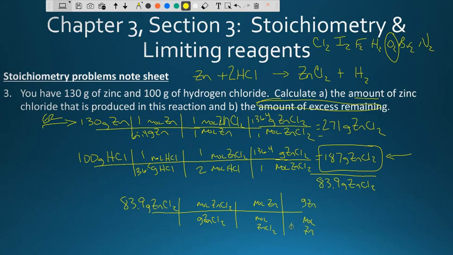Okay, so no real thinking here because all the thinking and searching is done for masses and all that fun stuff. This was a 1-to-1 ratio, and I can just copy down from the problem up above. What does this tell me? This tells me that I end up with 40.2 grams of zinc remaining. So I just worked the problem backwards once I've taken the difference between these two potentials.